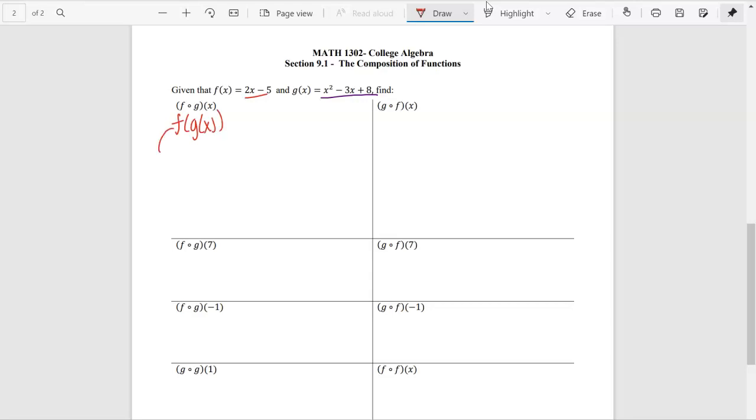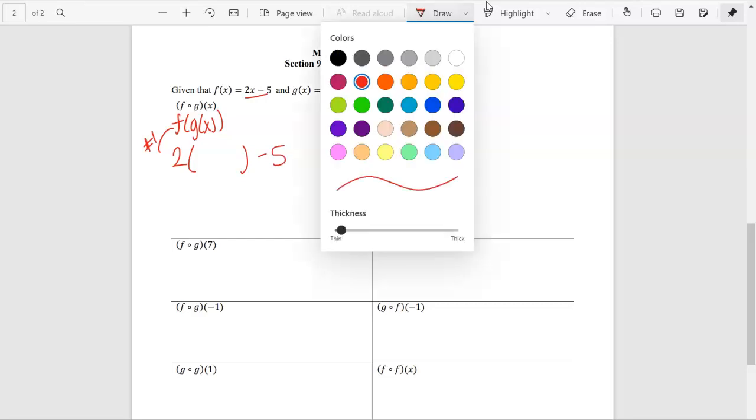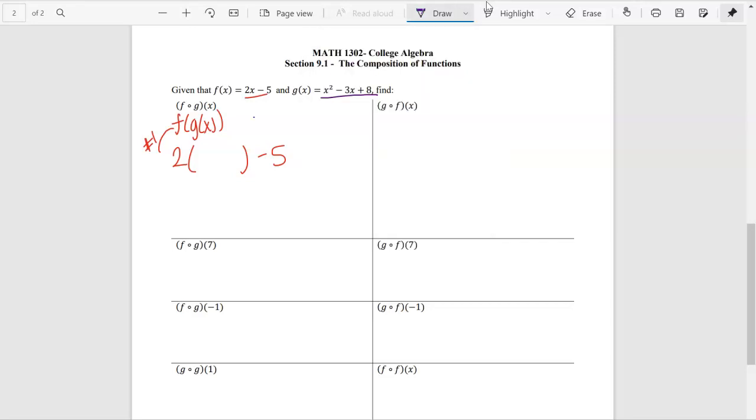First thing you want to do is start with your f function, and wherever you see an x, so 2x, we want to put a pretty big space, minus 5. Because in that big space, we want to put our g of x inside there. That's the number 2 part. And g of x is x squared minus 3x plus 8.